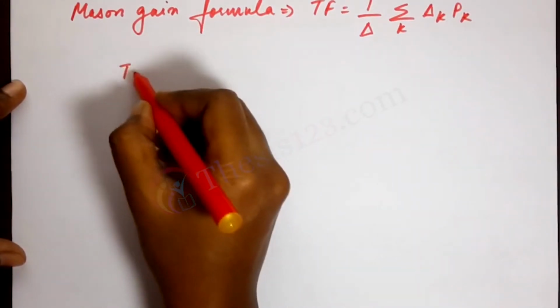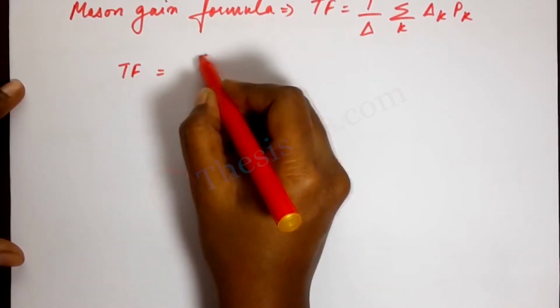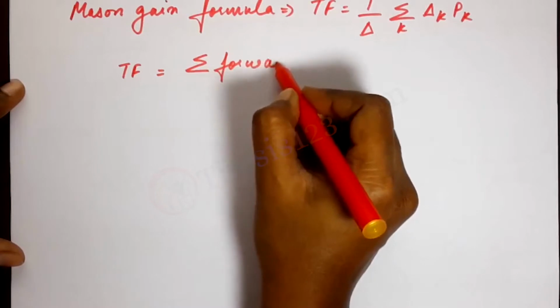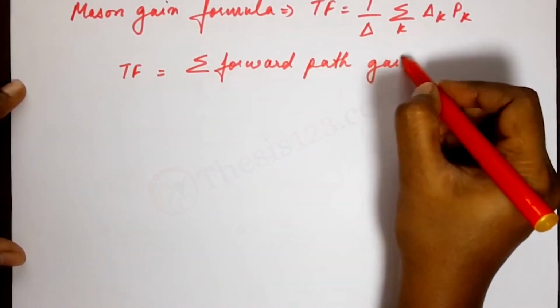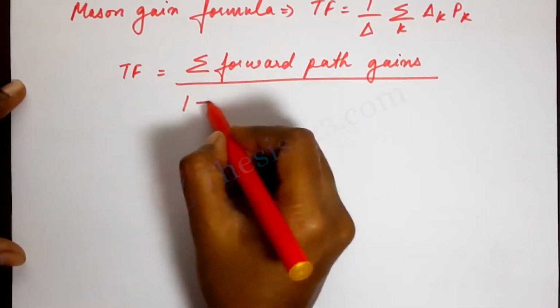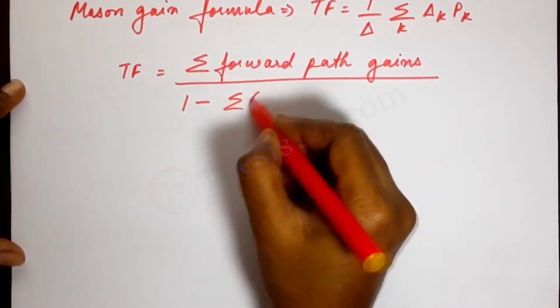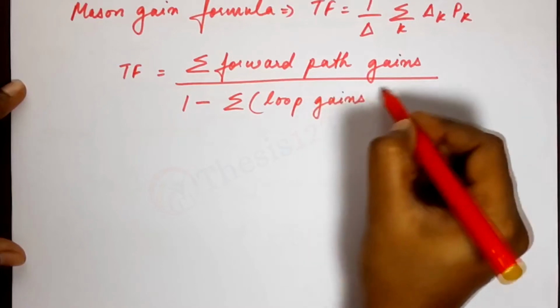To make this more appropriate for the block diagram we have, it would be the summation of the forward path gains divided by delta, which is 1 minus the summation of loop gains.